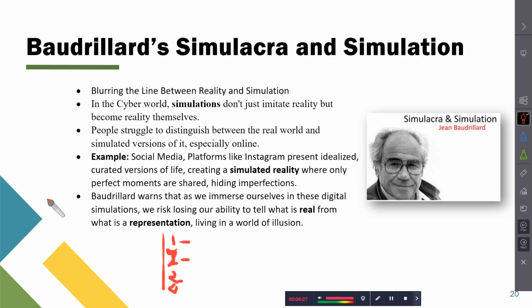And number 4 says that it generates something that does not exist in reality. We create a digital entity that has no counterpart in physical reality. We can make an avatar. AI generated art and music could be examples of this. This is number 4.